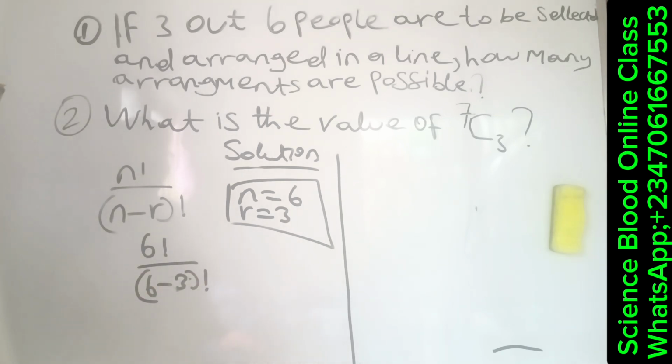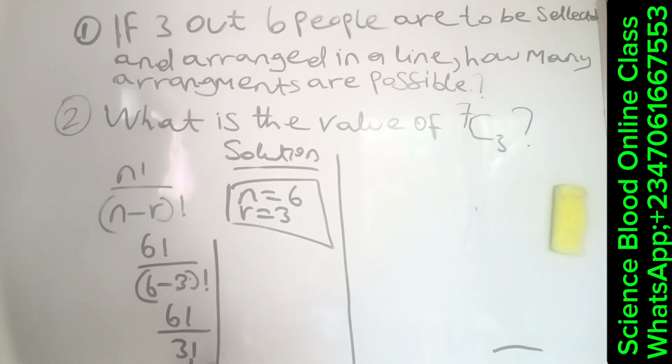To simplify further, 6 minus 3 will give us 3, and we are left with 3 factorial. Please pay attention.